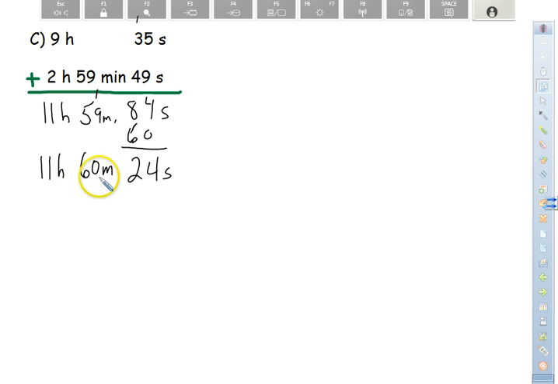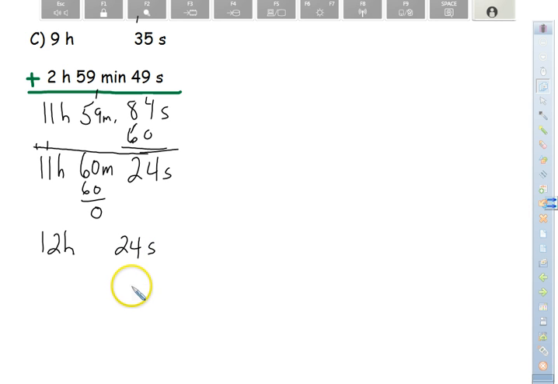Now, that 60 minutes is equal to 1 hour. So we can subtract 60 from that. Obviously, we get nothing left over, and add the 1 onto this. So we're going to end up with 12 hours, no minutes, and 24 seconds.